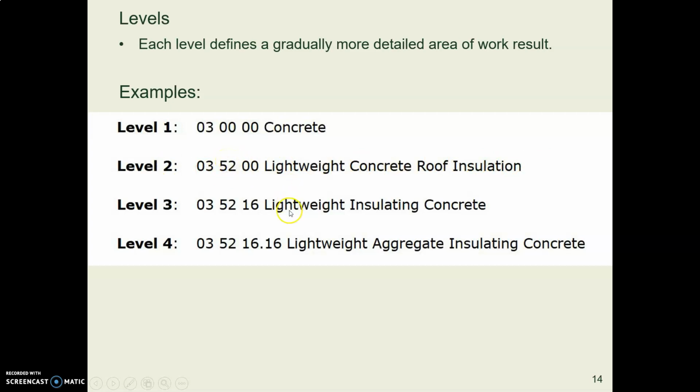Now, for that particular kind of material that is lightweight insulating concrete, it gets divided to 352.16, and then there's a particular subdivision of that lightweight insulating concrete with lightweight aggregate in it, and here think pumice and so forth, that has another .16 subdivision.